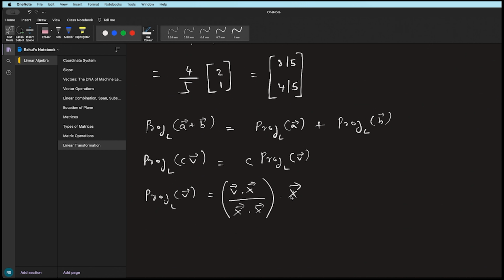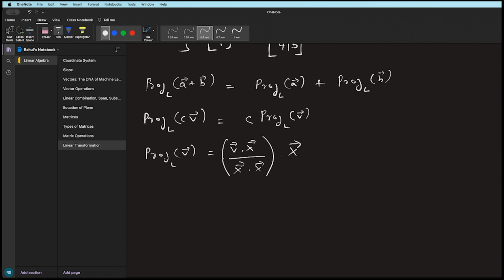So this was the formula. The vector v dot vector x is a dot product, so I can write this as x transpose dot v.